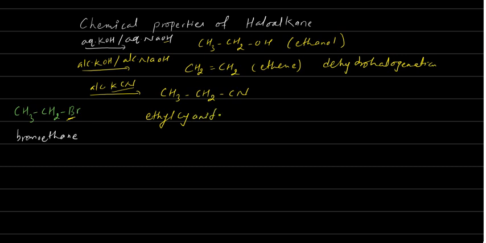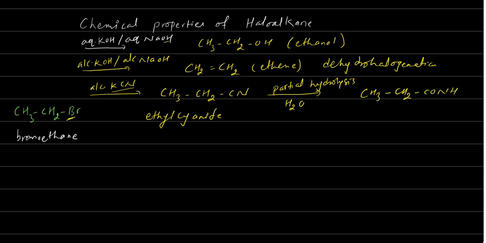When this ethyl cyanide undergoes partial hydrolysis, in partial hydrolysis we use 1 mole of water, then the product formed is amide, that is CH3CH2C=O and NH2.